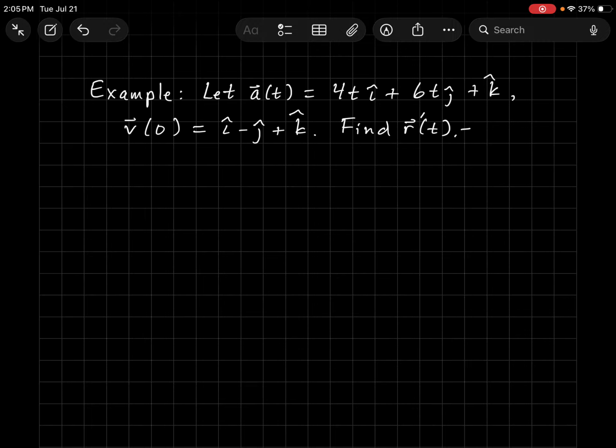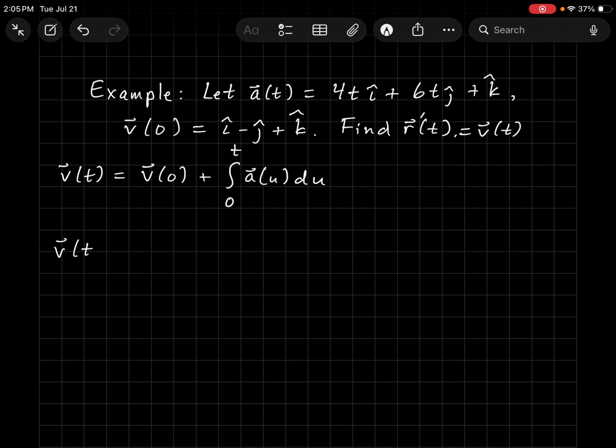So r prime of t is, of course, v of t. So I know that v of t is going to be v of 0 plus the integral from 0 to t of my acceleration function, and I'll put in our dummy variable u like that.